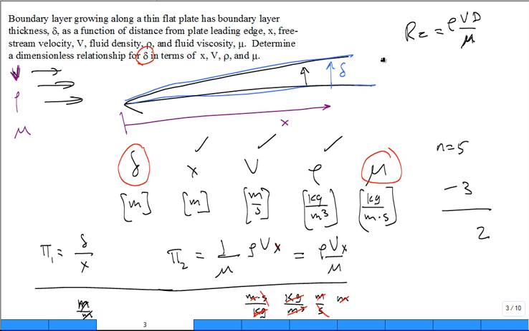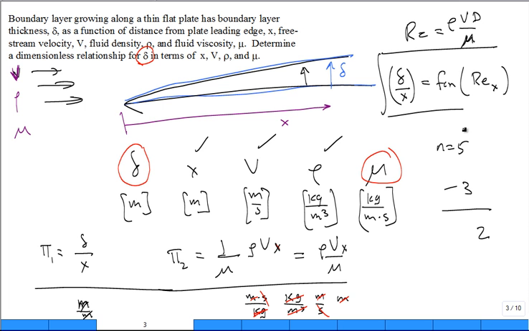And so the bottom line for this is we would expect that the boundary layer would grow, delta over x, equal to a function of the Reynolds number, where the Reynolds number characteristic length is the distance from the leading edge. It's just x. A lot of times they have the Reynolds number based on diameter, Reynolds number based on length.